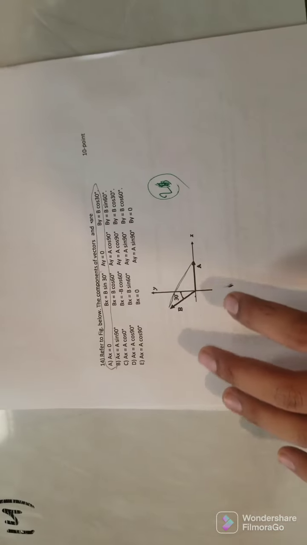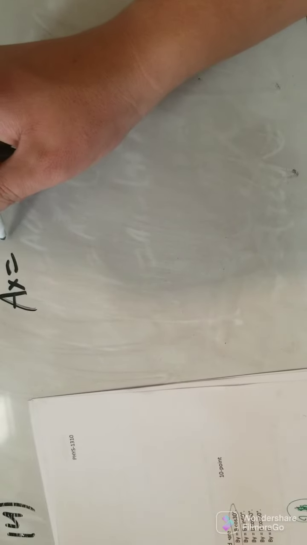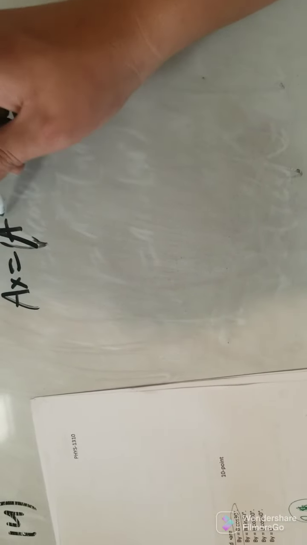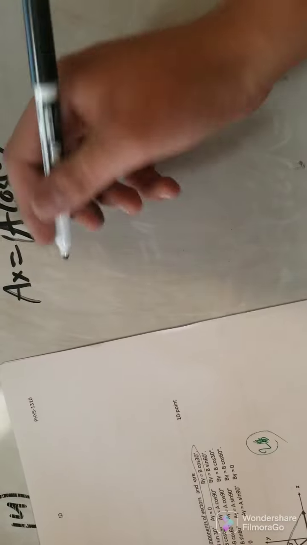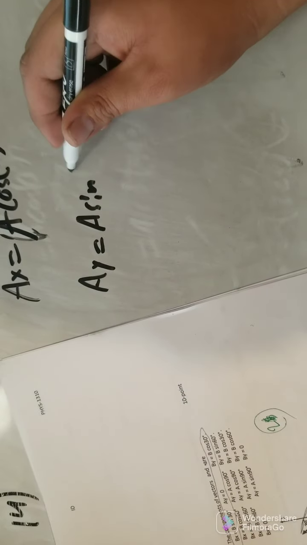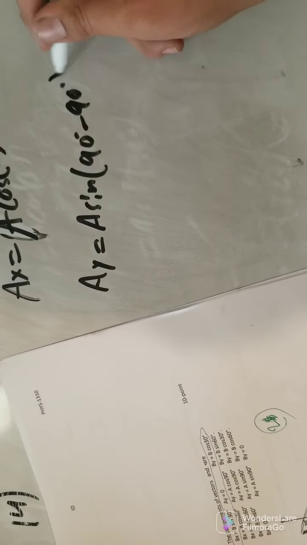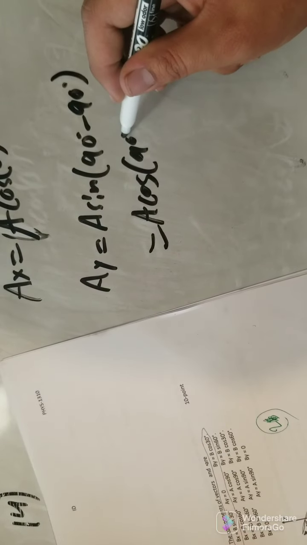This is number 15 of my physics exam homework, and I need to find the components of vectors, which are, I'm assuming, A and B. So A is pretty simple: Ax is equal to A cosine 0 degrees because it's on the x-axis, and Ay is going to be A sine of 90 degrees, which is equal to A cosine 90 degrees.